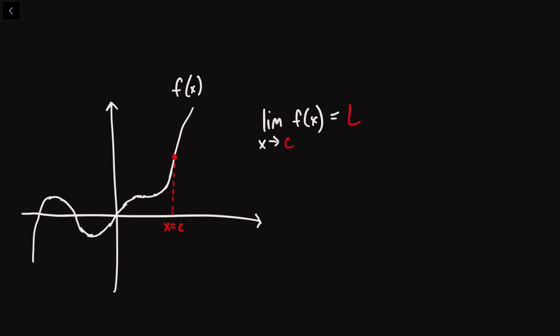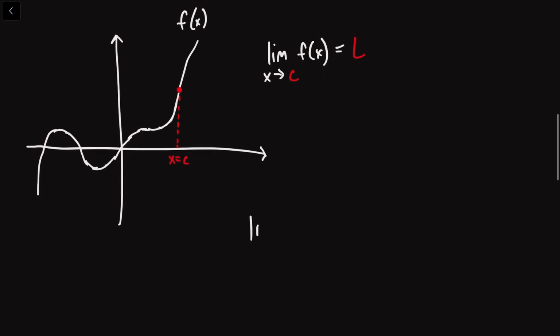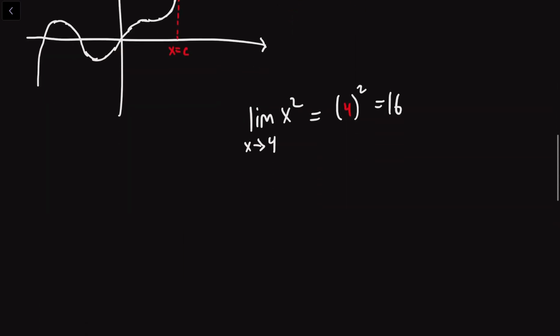So to solve a limit, let's say we wanted to solve the limit of x squared as x approaches 4. All we have to do is plug in that 4. So 4 squared is 16. So the limit of x squared as x approaches 4 is 16. So we'll try another.